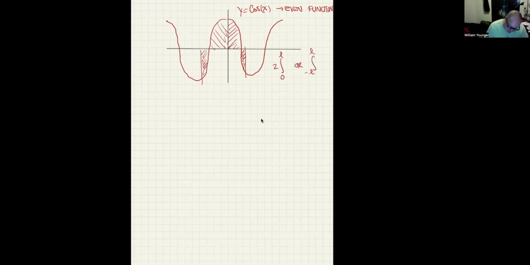However, if you had an odd function, y equals sine x, let me draw our coordinate system again, hopefully a little neater this time. Sine looks like this somewhat.